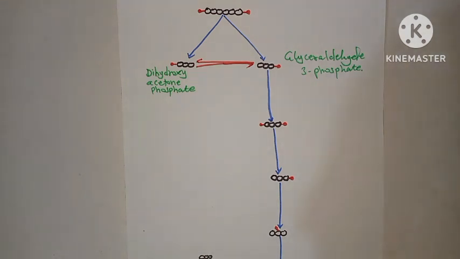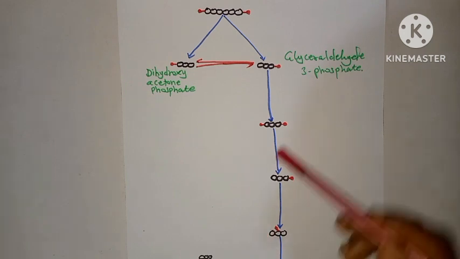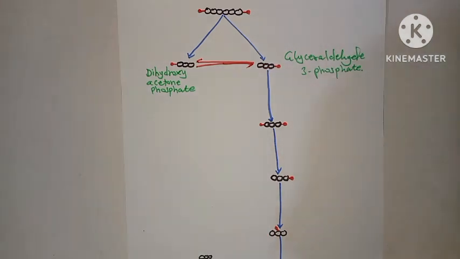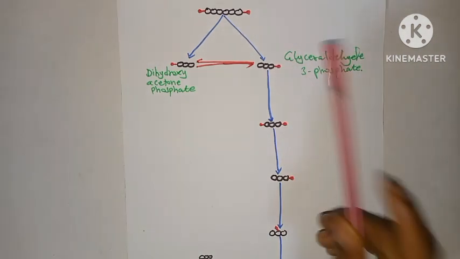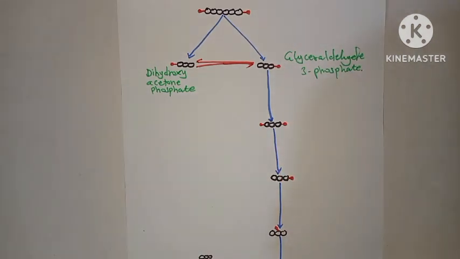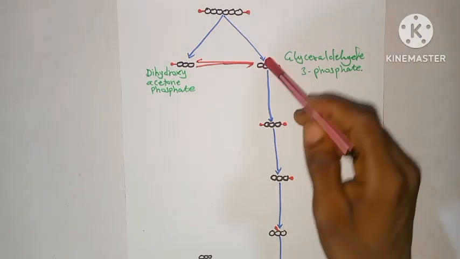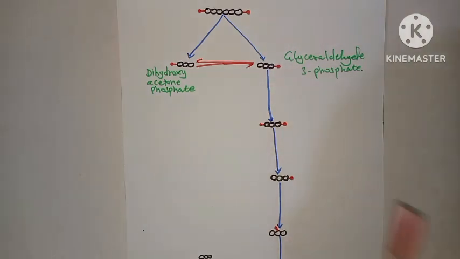So from here downwards, we're going to go through the glycolysis pathway twice, because we now have two glyceraldehyde 3 phosphate, and each one of them goes through the pathway. So anything we do next is going to be 2, 2, 2, 2.